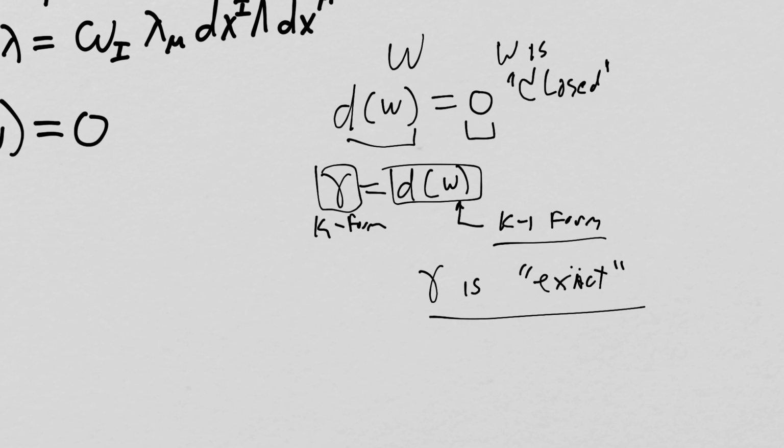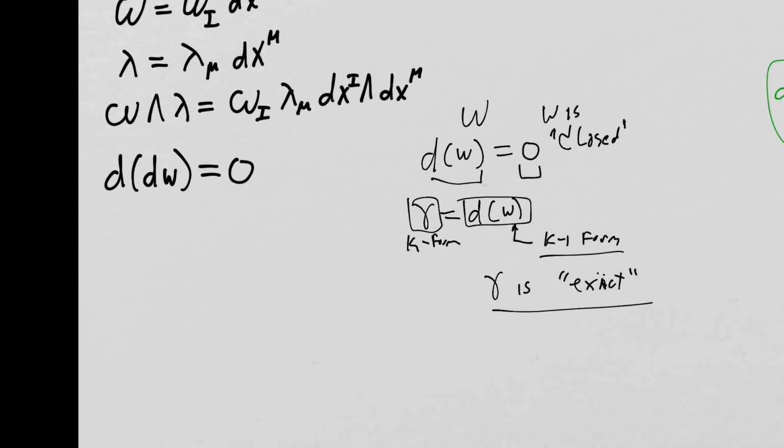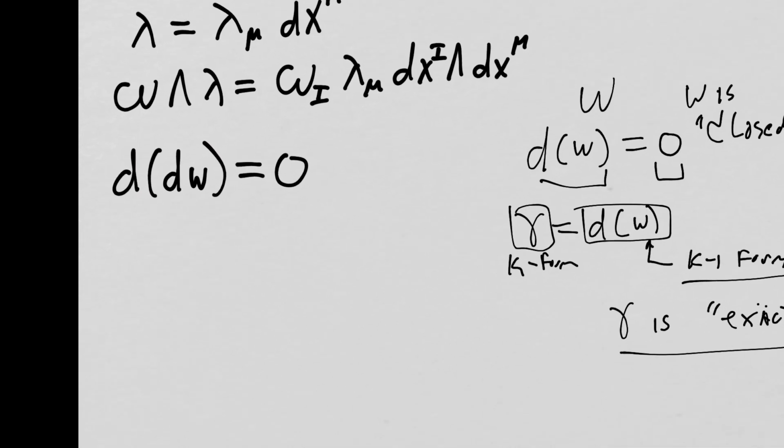So that's the two words we're using. Here, I'm saying with this expression that the exterior derivative of any k-form omega is closed, because the exterior derivative of the exterior derivative of something is 0.